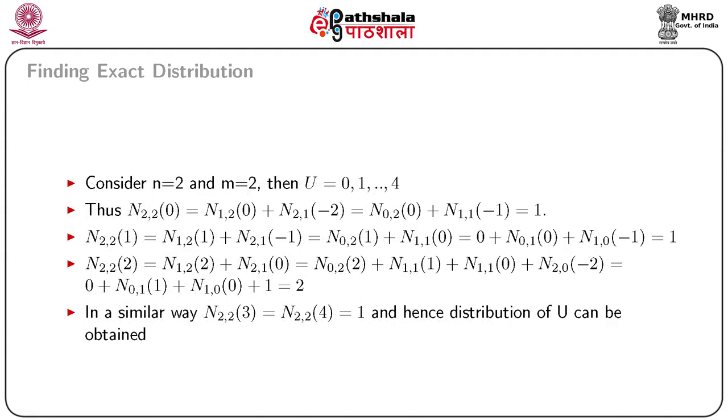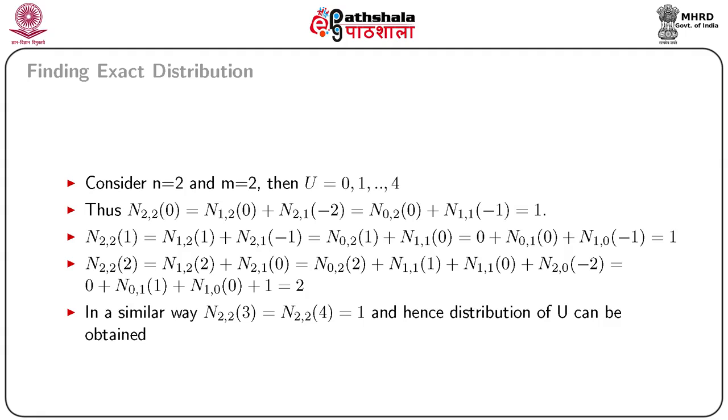Next, consider the example with n equal to 2 and m equal to 2. Then u has the possible values 0, 1 up to 4. Applying the recursion relation, the distribution can be obtained, but what is important in these examples is the nature of the distribution of u, that is, the nature of the mass function.